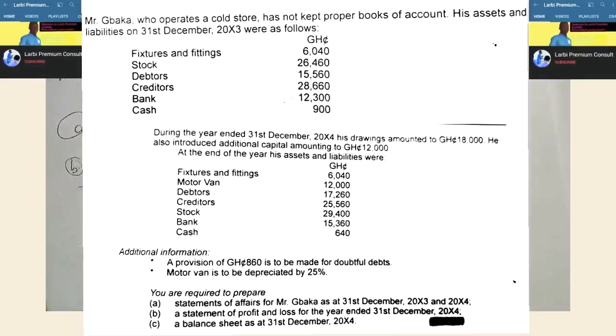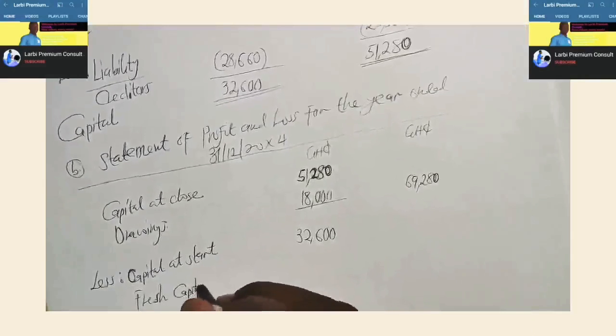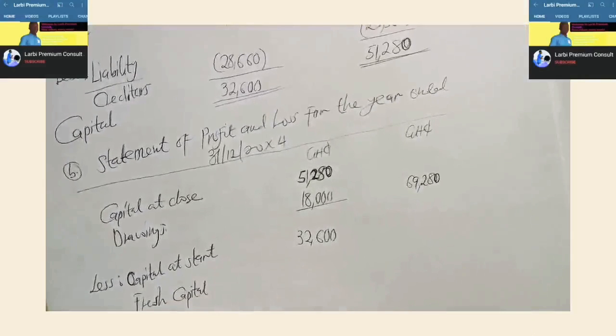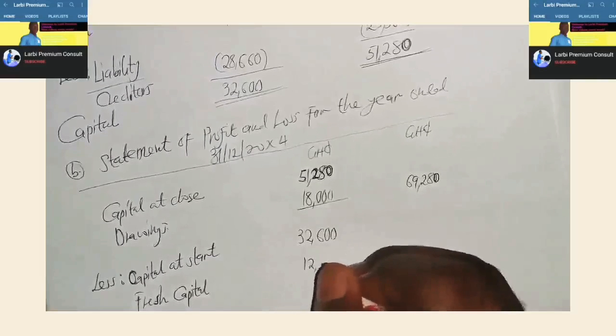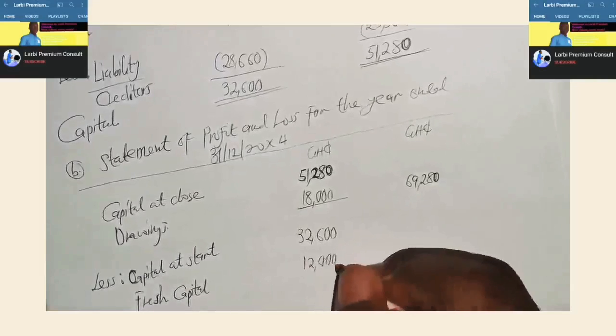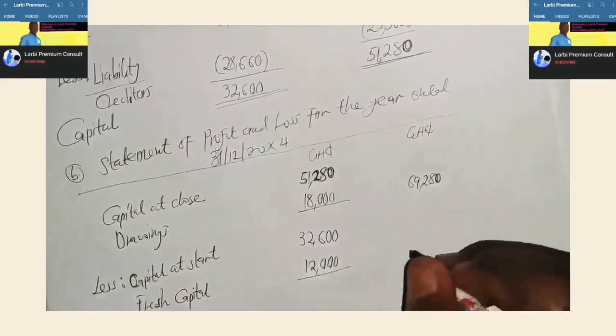There was a fresh capital that came into the business, fresh capital during the operations. That one was 12,000, right? So this one also gives you 44,600.